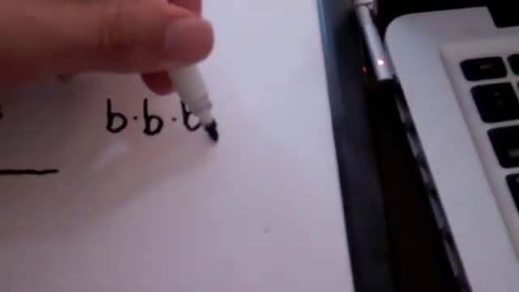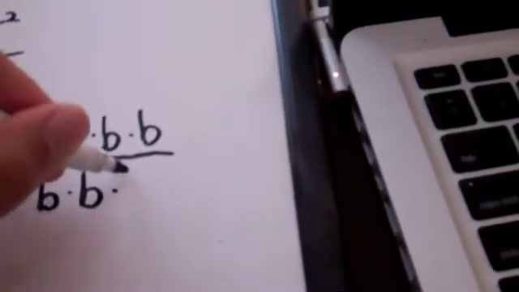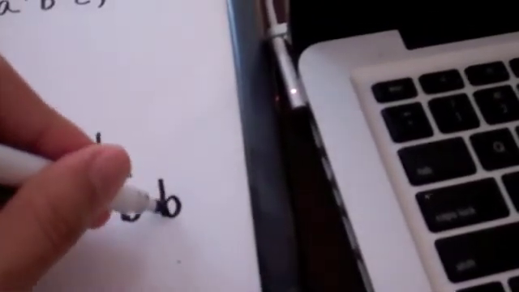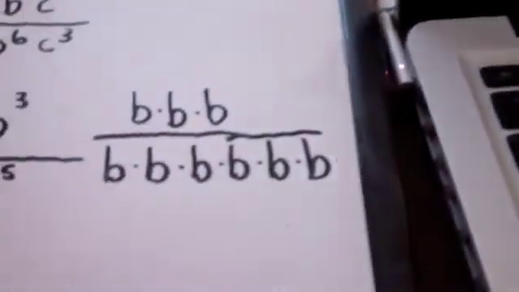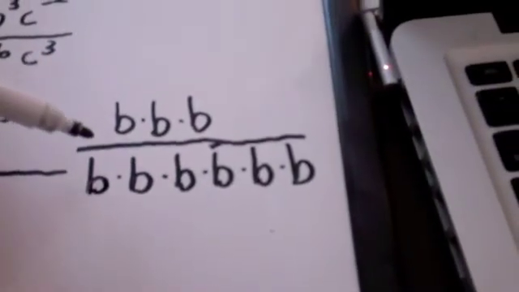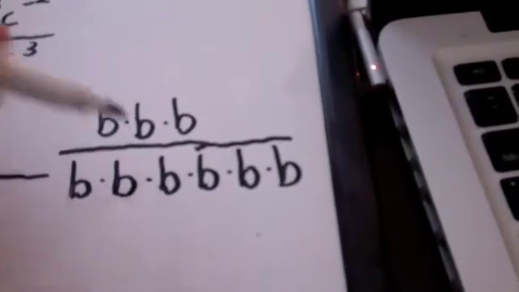What this piece is basically saying is that we have b times b times b in the numerator, and in the denominator we have b times b times b times b times b times b. And that is the equivalent of b cubed over b to the 6th.